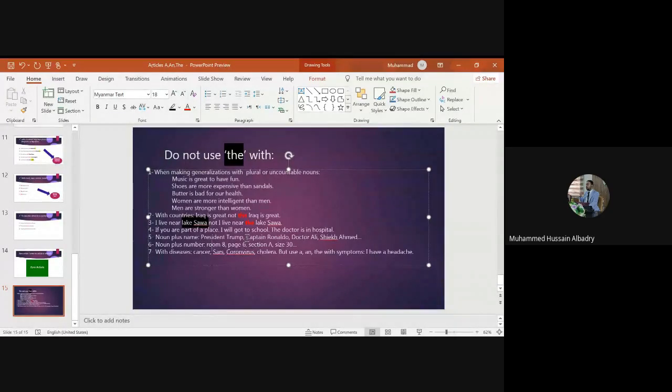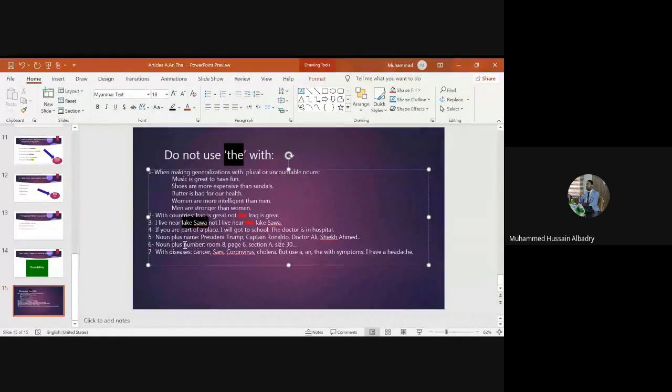So you can say, for example, I will go to school. As a student, or as a teacher, I will go to college. A doctor will say, for example, I will go to hospital. I am in hospital. We don't use the.